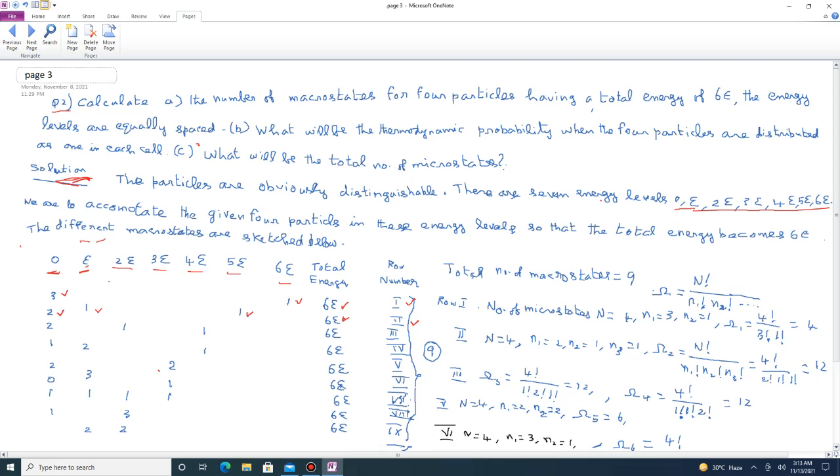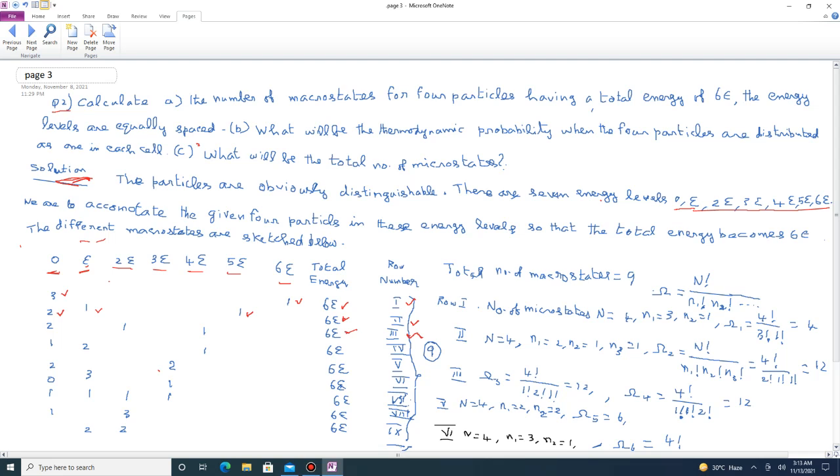And the third macrostate is, from the table you can see there are 2 particles with energy 0, 1 particle with the energy 2E and another 1 particle with the energy 4E. Once you add, you will get 6E. The total energy of the system is 6E. So that is the third macrostate. Similarly, one particle with the energy 0, two particles with the energy E, one particle with the energy 4E.